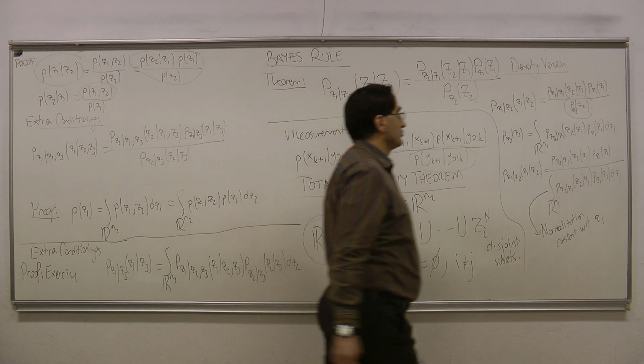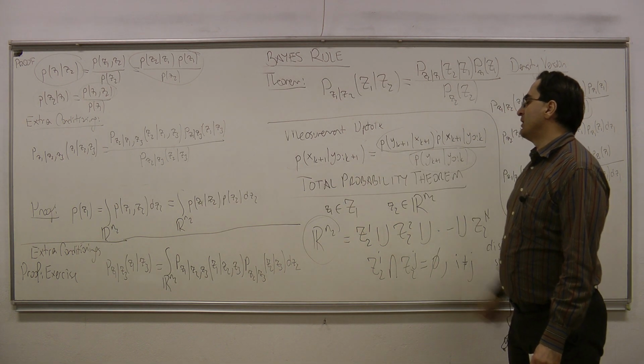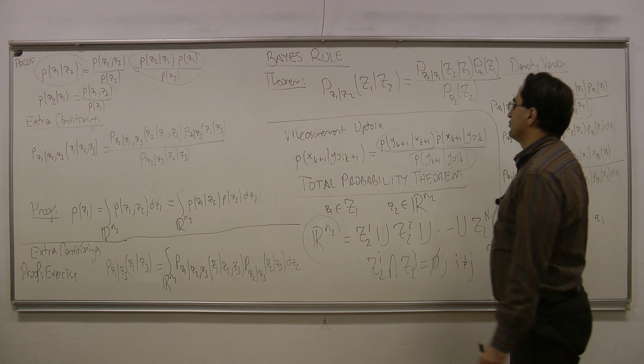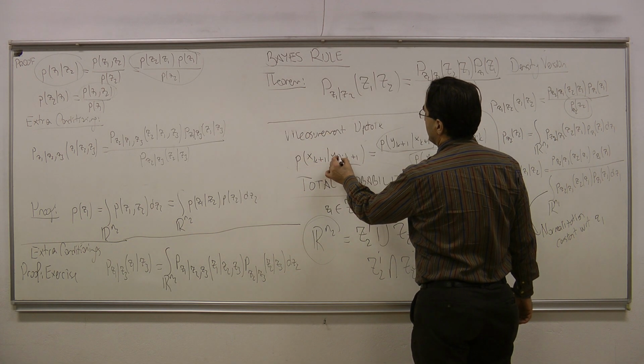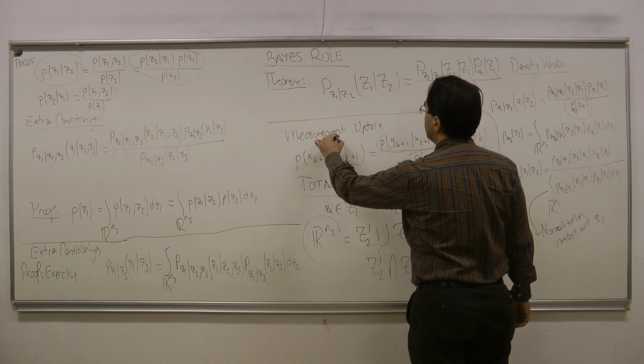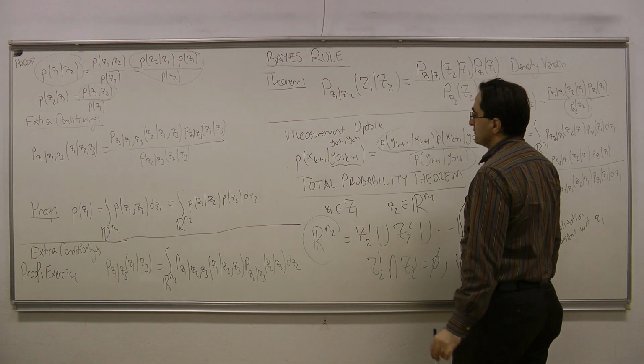So this is just a version of the Bayes rule, and if you look at this measurement update, you can actually see that y0 to k plus 1 is nothing but y0k and yk plus 1, okay?